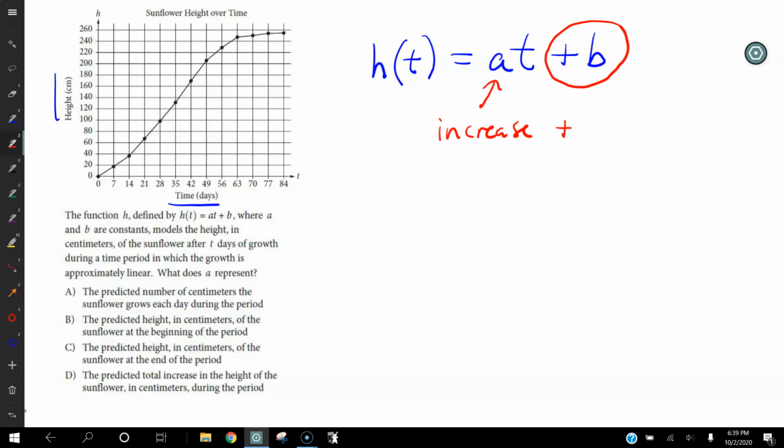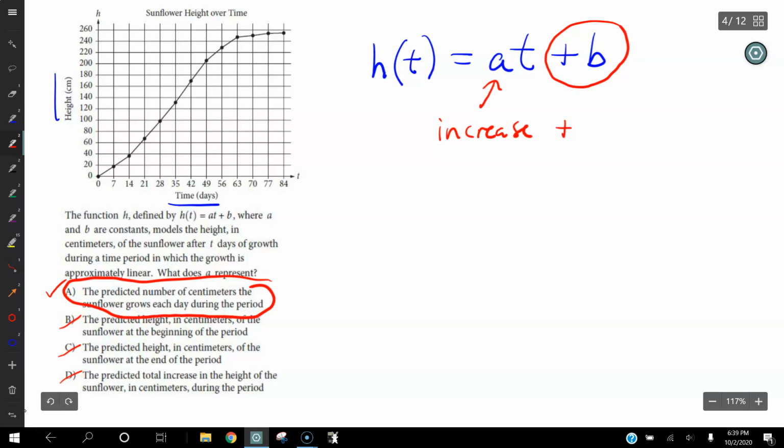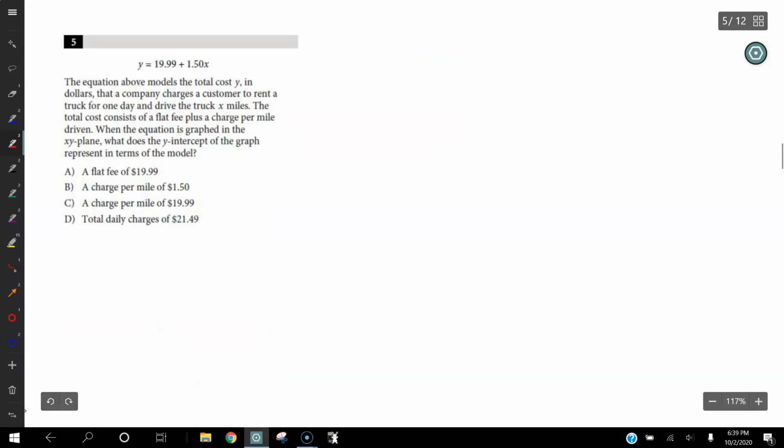So A, the predicted number of centimeters grows each day. That one looks pretty good. The predicted height at the beginning, no. The predicted height at the end, no. The predicted total increase, it's not the total increase, it's the increase each day, every t. The correct answer there would be A.